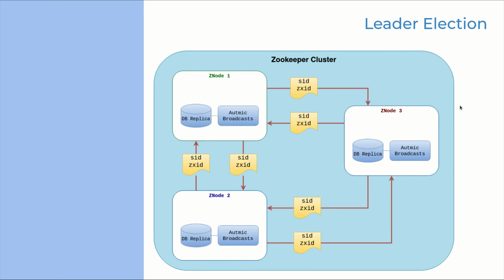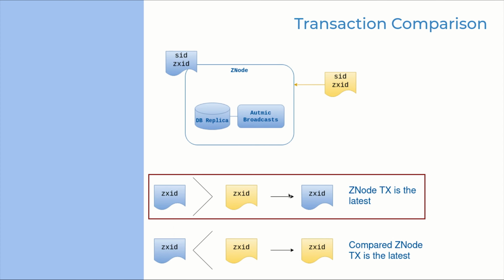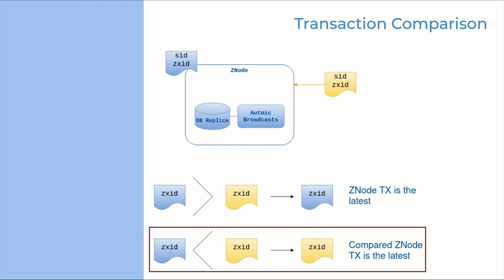So, let us look at the leader election of Zookeeper. When the leader election is happening, Znodes exchange messages containing the Znode ID and the latest transaction it holds, and each Znode compares received messages with its own latest transaction ID. If the received transaction ID is lesser than the transaction ID a Znode holds, the receiver holds the latest transaction, otherwise the receiver is outdated.